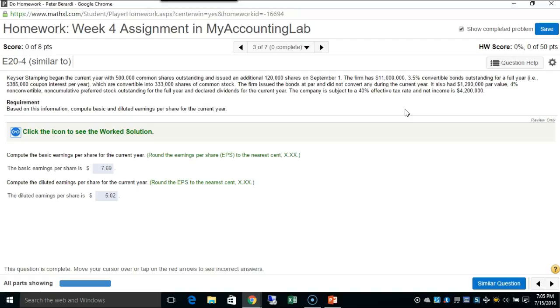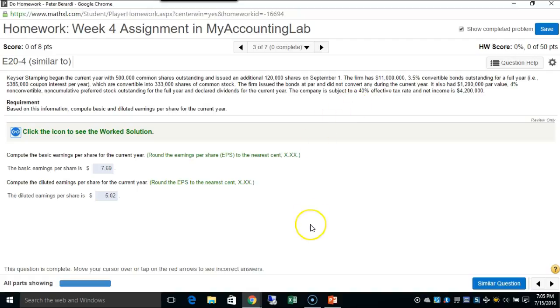So the two things we have to do for our numerator for diluted earnings per share is we have to figure out how much interest we would have avoided had the convertible bonds been converted to 333,000 shares of common stock, net of income tax, which is given to us as 40%.